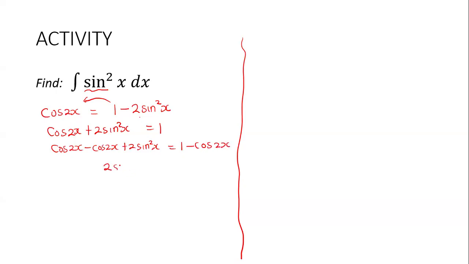Meaning that now 2 sine squared x will equal 1 minus cos of 2x. What am I interested in? I'm interested in sine squared. So I'll divide this side by 2, I will divide this side by 2. So meaning that my sine squared x will equal 1 minus cos 2x out of 2.